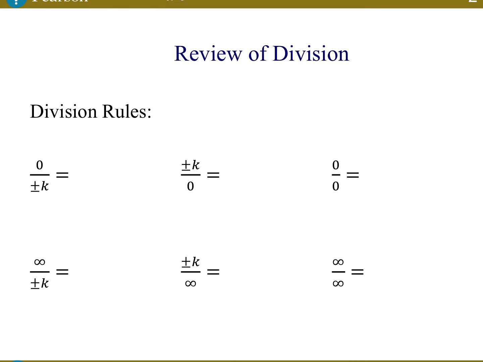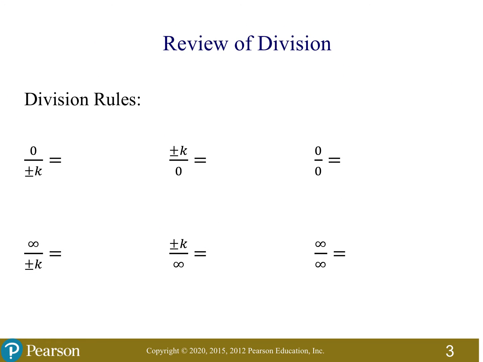All right, so here we go. Let's quickly review what it means to divide two things. If you start with 0 on the top and you divide it by any number on the bottom, plus or minus, what do you get? 0. Correct. As long as k is not what number? 0. Okay, so it has to be a positive or a negative k, not 0. What if you start with any positive or negative on the top and you divide by 0?